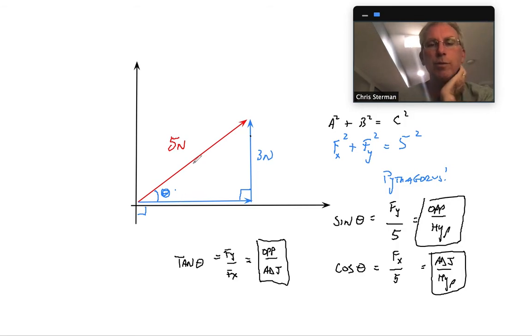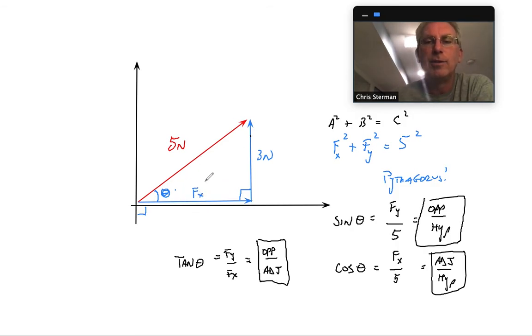So I've told you that the force overall, the total force, or the resultant force, is 5 newtons. And I've told you that the y component of that 5 newtons is 3 newtons. How do we find my x component? How do we find f of x?